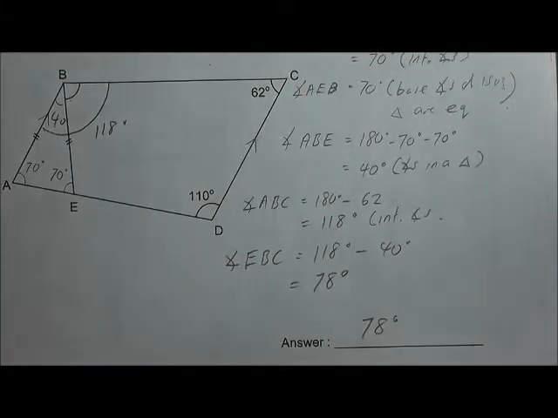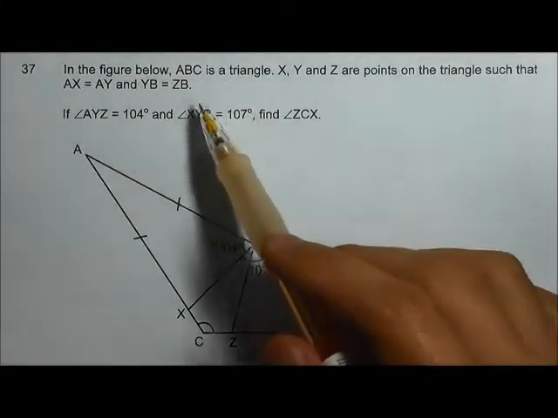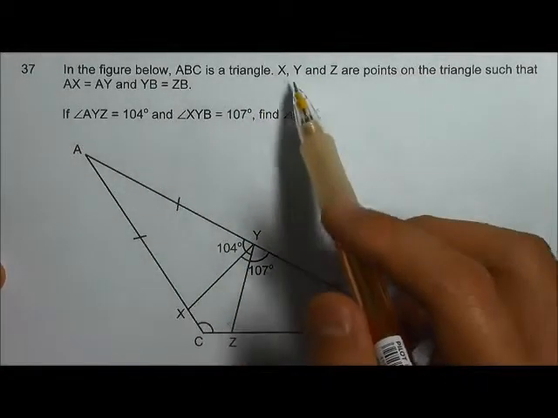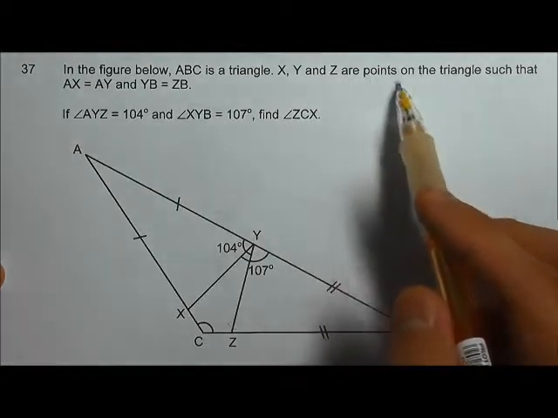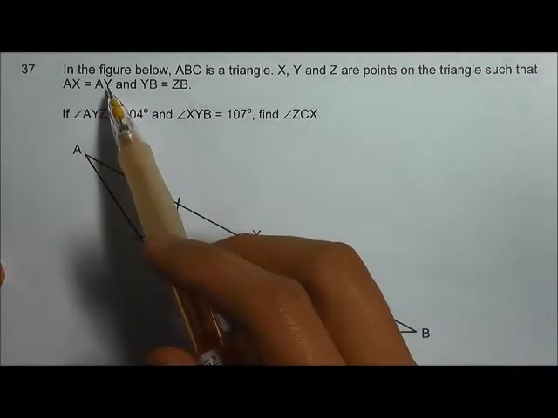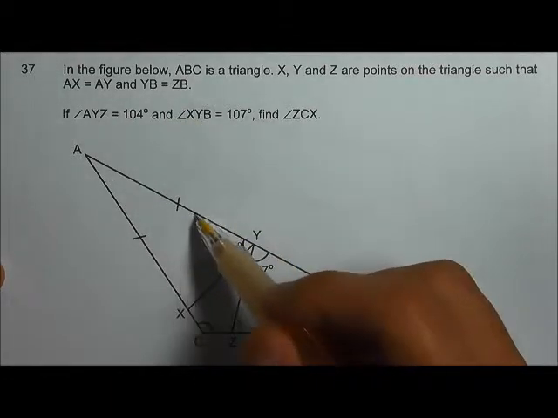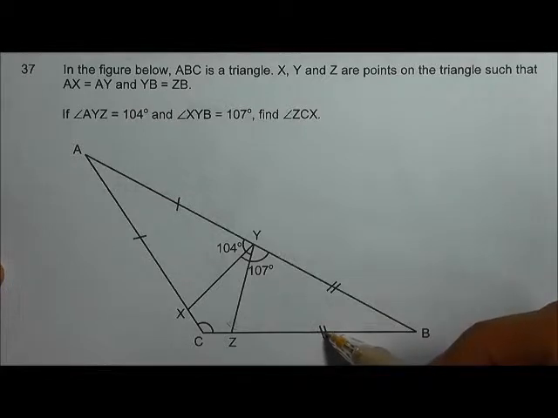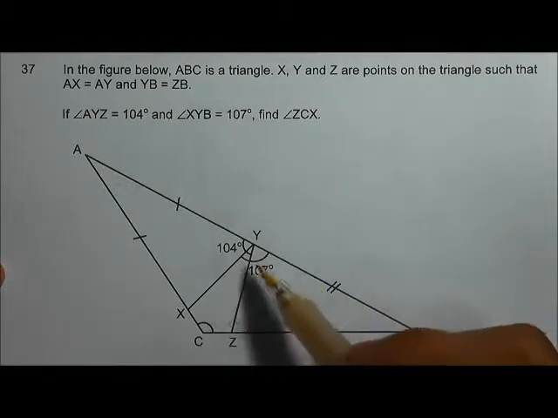Okay, that's the answer. Okay, in this figure, ABC is a triangle and X, Y, Z are points on the triangle such that AX is equal to AY, and YB equals ZB. So we have two angles here.